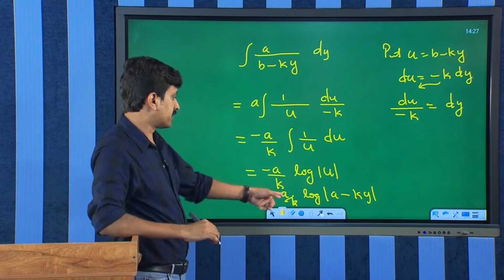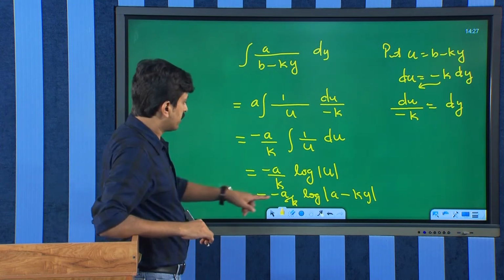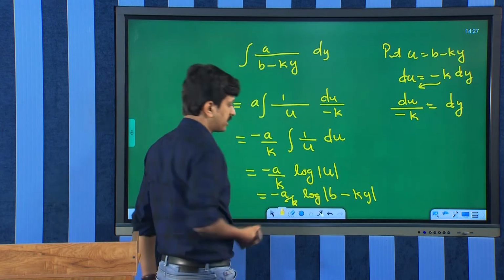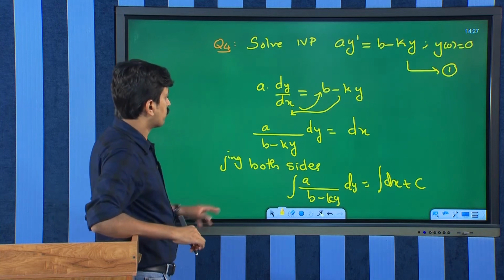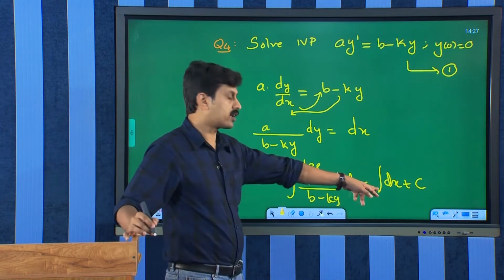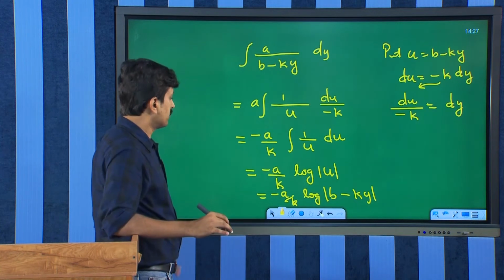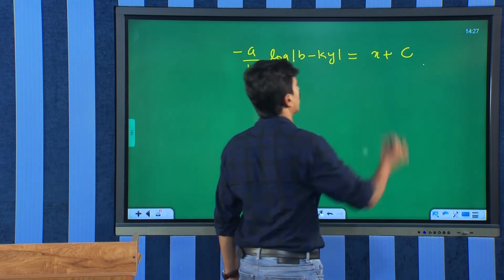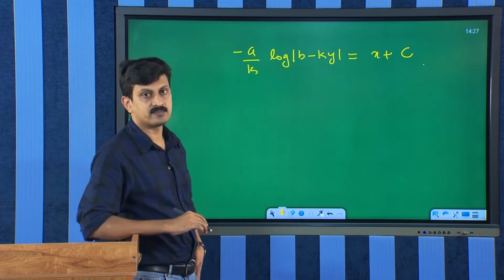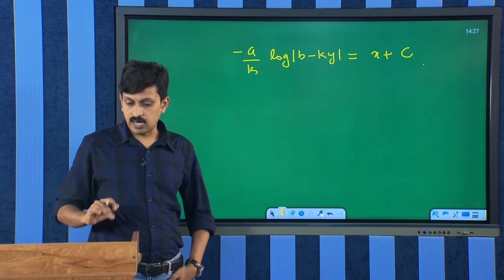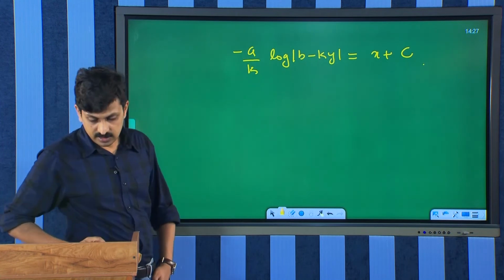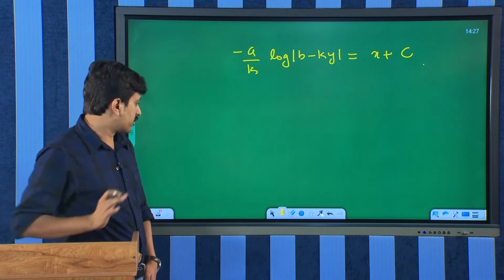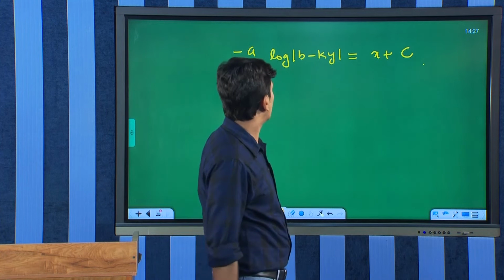The integral of dx is x plus the arbitrary constant c. So, we can replace the values: minus a by k log mod b minus ky is equal to x plus c. I call this equation number 2.